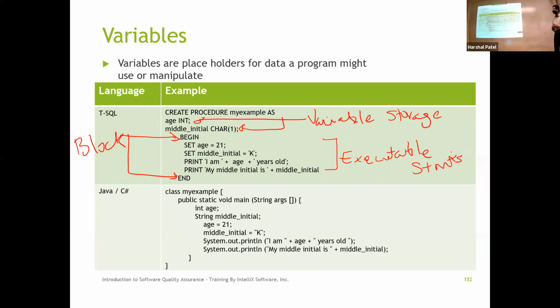So here what it does is it takes that temporary storage called age and says that, hey, it's going to store all the numbers. It's a type integer. And I'm going to set that variable to value 21. So that's what this particular statement is doing.